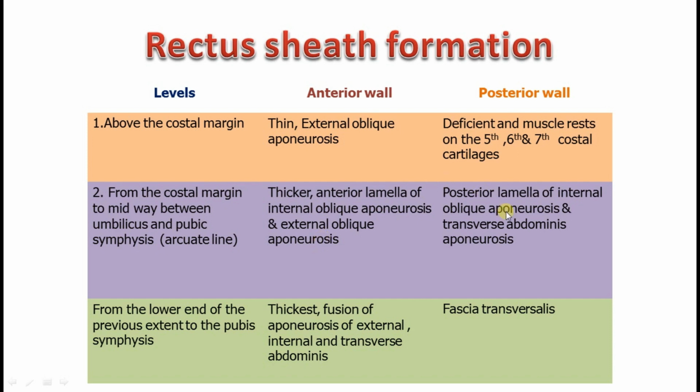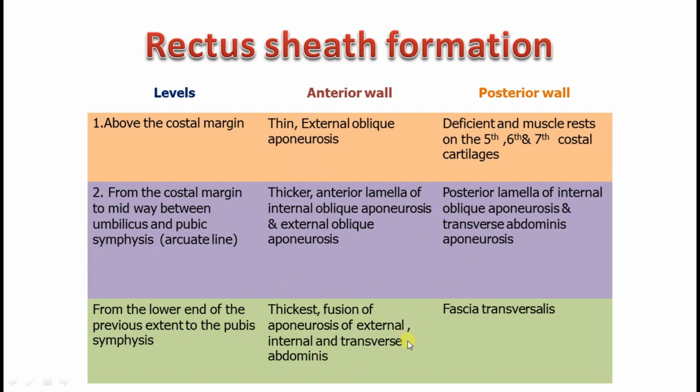The posterior wall, if you look, is mainly formed by the posterior lamella of the internal oblique aponeurosis. Then you have the aponeurosis of transverse abdominis, and behind that we have the fascia transversalis. Below the arcuate line, the anterior wall has become very thick, because all these layers we have discussed: aponeurosis of external oblique, anterior lamella of internal oblique, posterior lamella of internal oblique, and aponeurosis of transverse abdominis, all these 3 have come to the front.